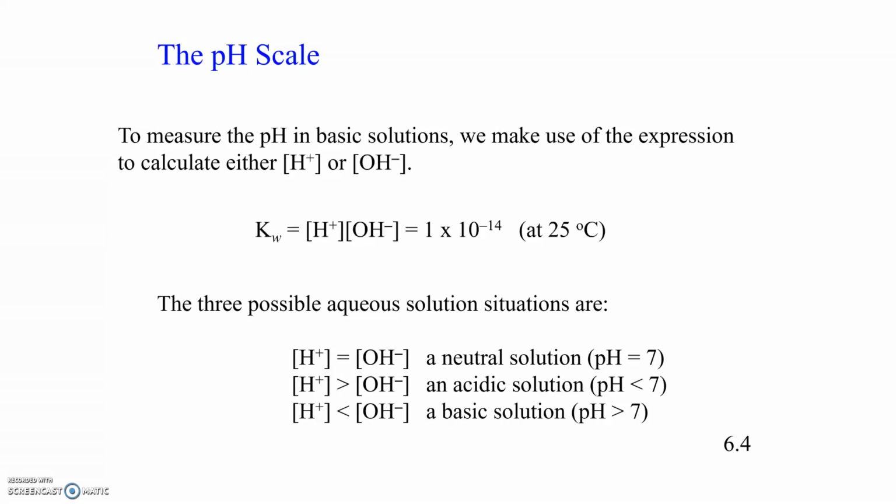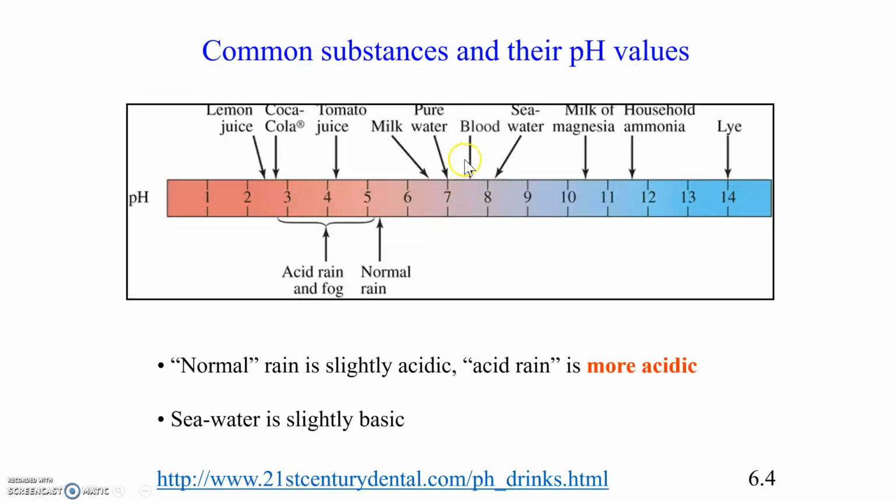This figure just shows some pH values of some common solutions. Again, if you have pure water, nothing dissolved in it, your H plus and OH minus concentrations are the same. This is a pH of 7. We've talked about acid rain in this class. Normal rain has a pH slightly greater than 5.